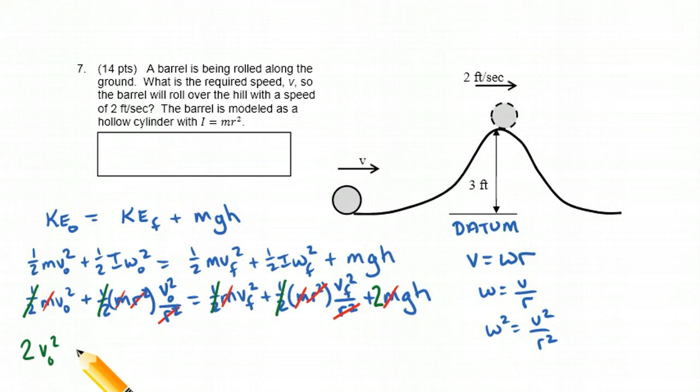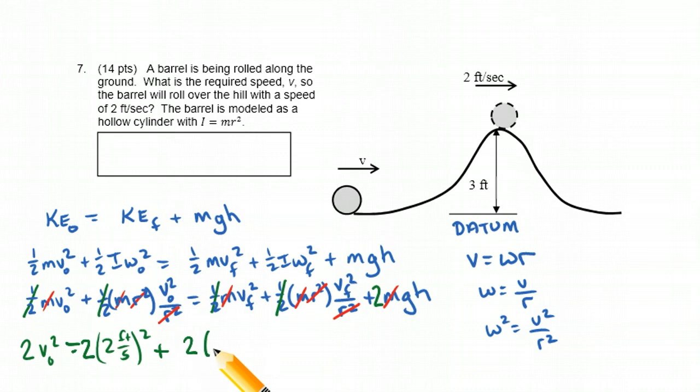Just working through the algebra here, is equal to v final squared, which was 2 feet per second, plus, well, we got another v final squared there, so there's 2 of those, right here and right here, and 2gh.